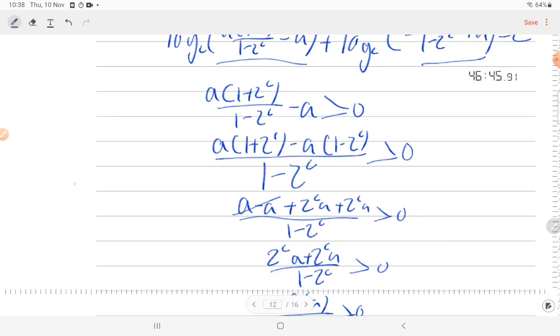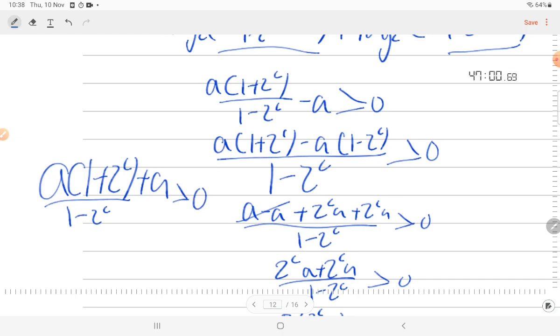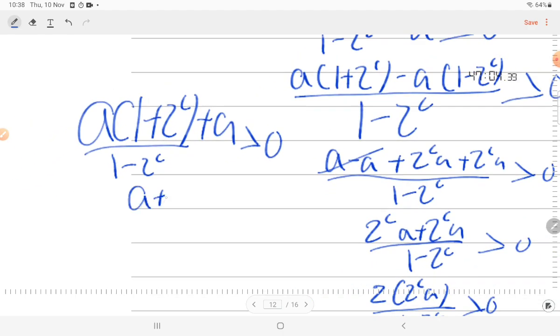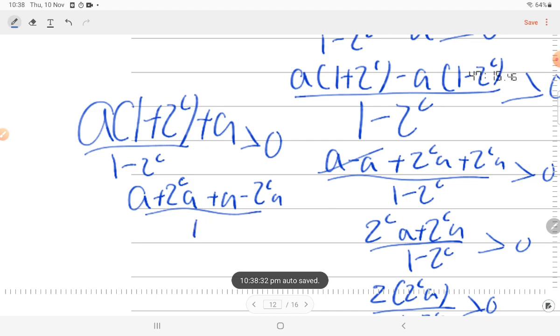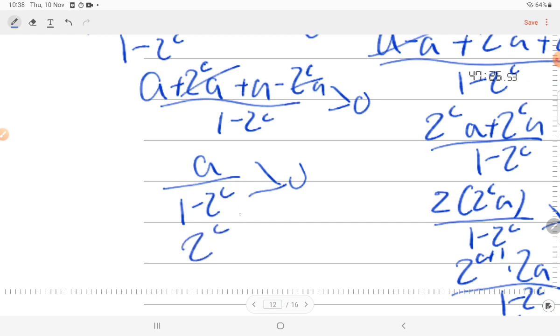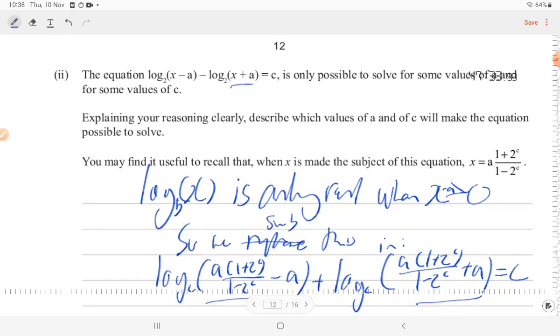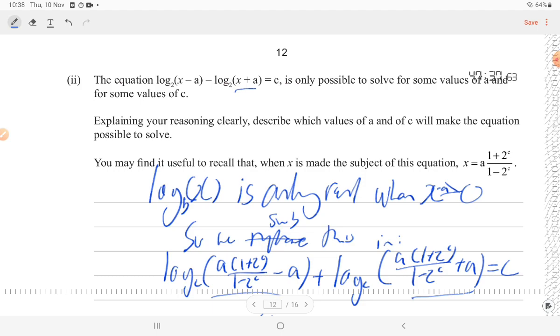Is there any... Can I just say there's no solution to this?